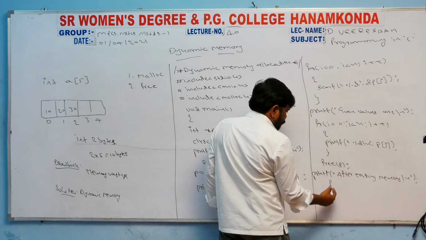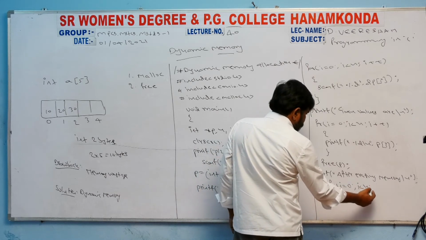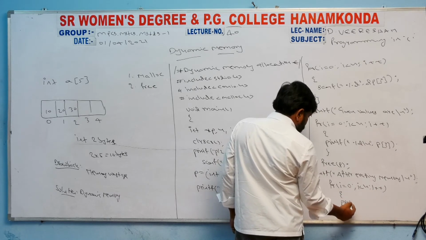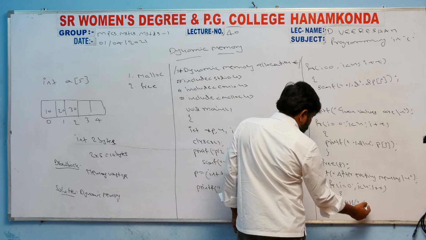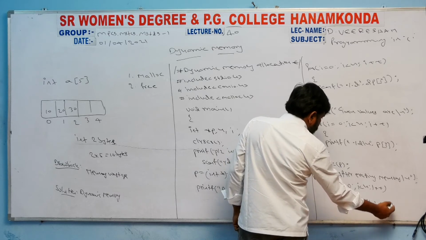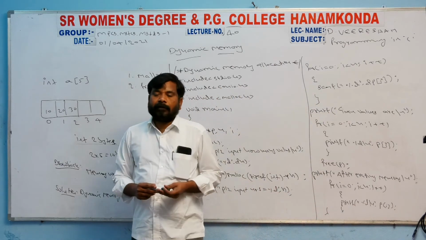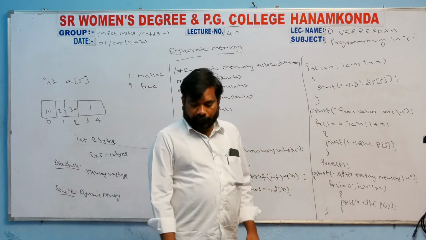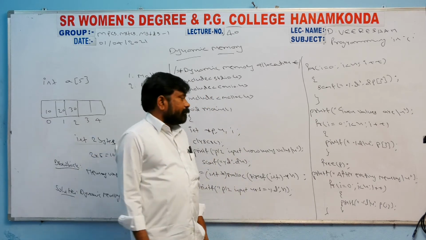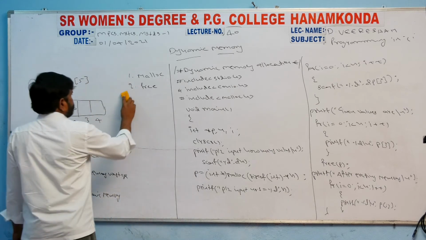I am trying to print that for i is equal to 0. See what I am trying to print here? Just I am trying to print the values of the output. But is it possible? We will see. When I execute this program, what will the output be? We will see.